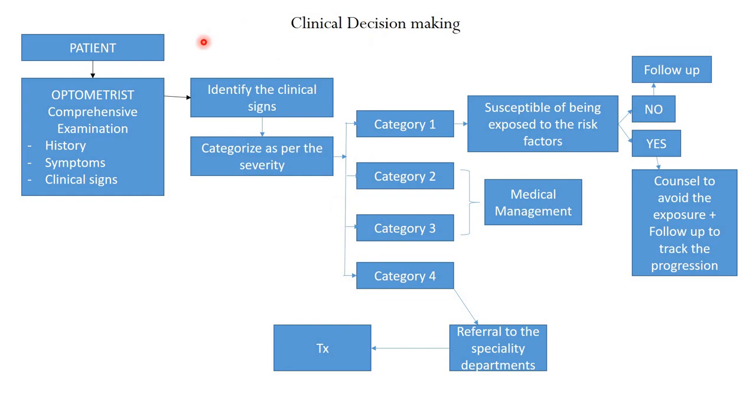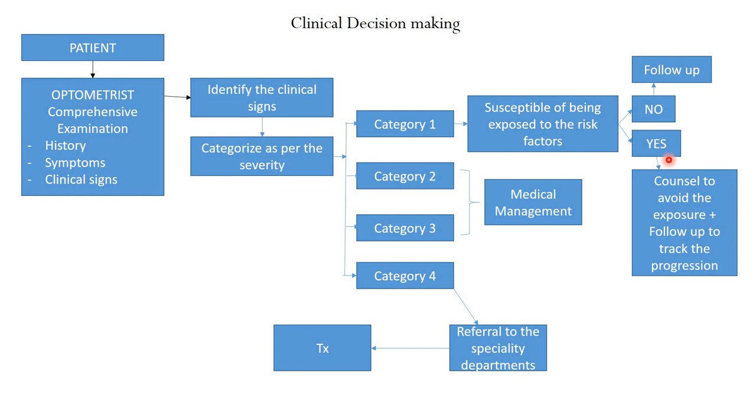Okay, so coming to the clinical decisions, as an optometrist, you have to do a comprehensive eye examination with detailed history and symptoms, then identify the clinical signs and categorize as per the severity. Once you categorize, you will be able to better understand whether the patient is susceptible to being exposed to risk.